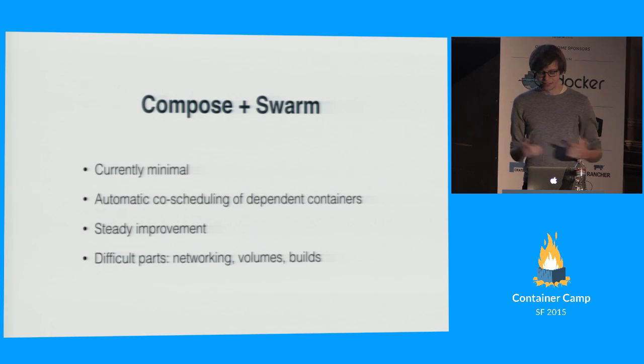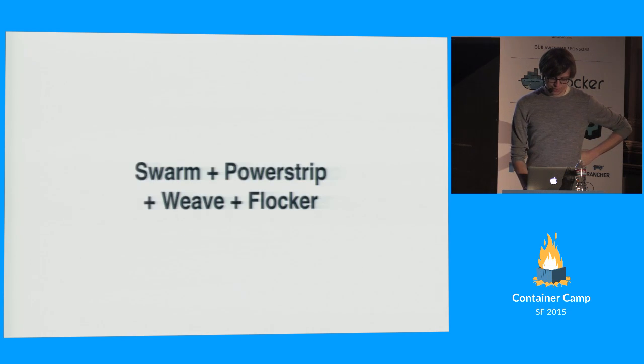You've lost your data. And these are things we're working on at Docker with plugins, with networking and volumes plugins, which Luke Marsden mentioned briefly this morning. And he also mentioned a demo of Swarm and PowerStrip and Weave and Flocker, which was kind of an attempt to solve this problem.